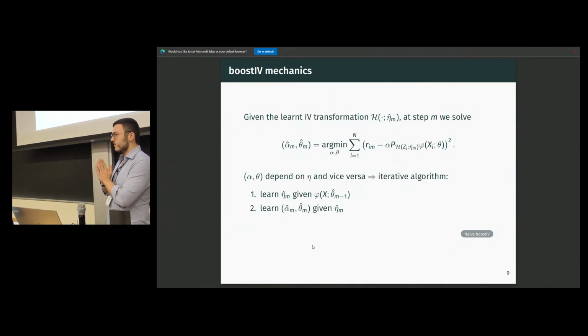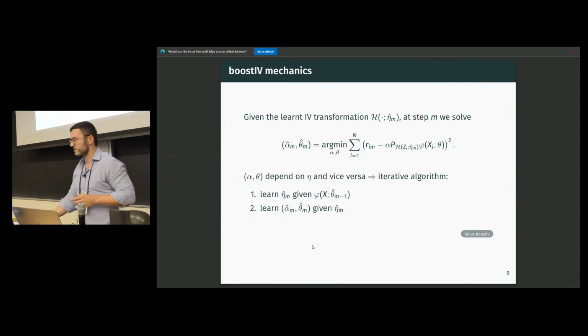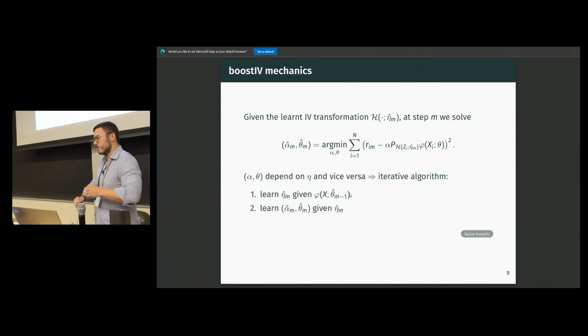Once we incorporate this step into the boosting algorithm, we get our boost IV algorithm. The mechanics are the same, with the only difference that we're going to be projecting on the learned IV transformation H. That enters our projection matrix here. Then we learn our basis function parameters conditional on the parameter vector eta hat.